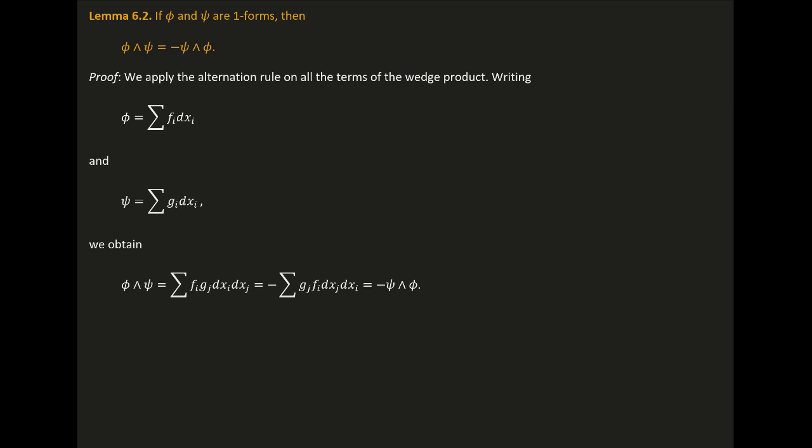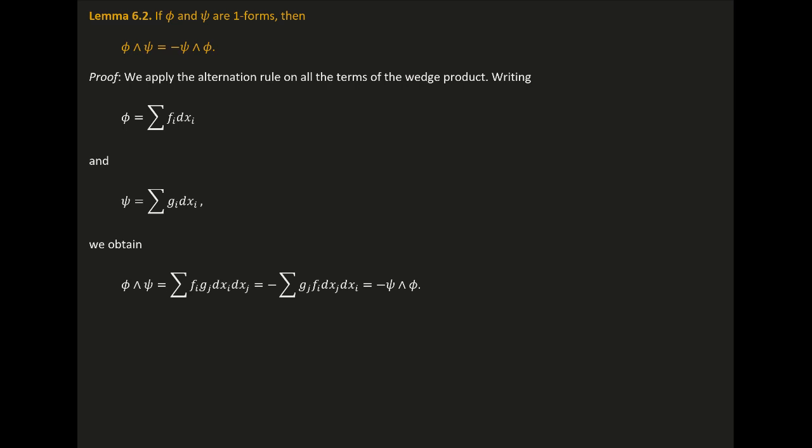Writing phi as a sum of the dxi's with function coefficients, called fi, and psi being the same, except we'll call those function coefficients gi, we obtain the wedge product by simply computing the product of all of the terms of the first times all the terms of the second.